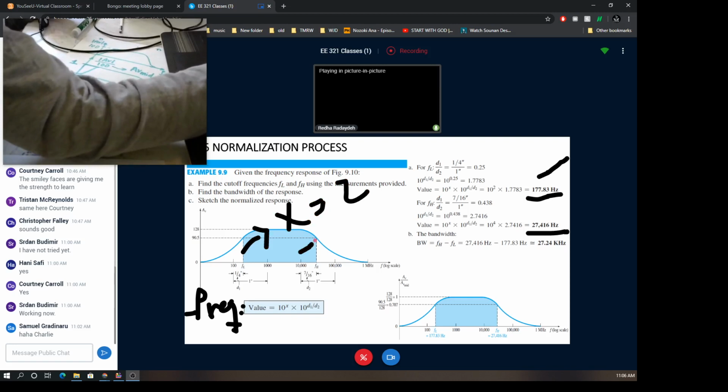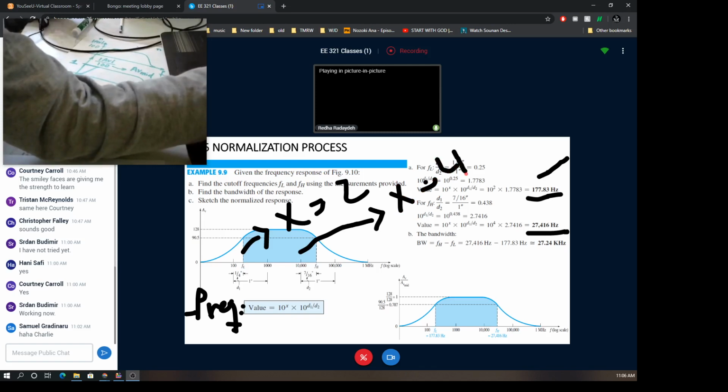The second range starts from 10,000, so the x value should be 4.